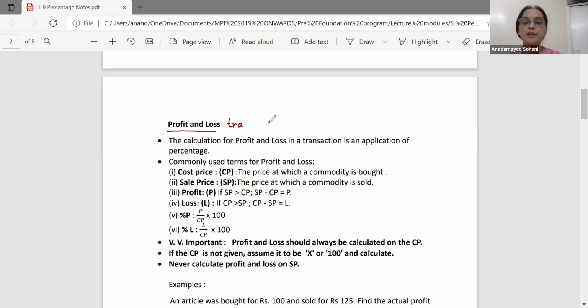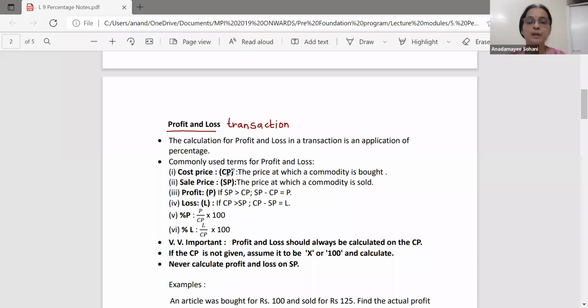We can apply percent in what we call rebate and discount and so many other topics. But here we will take a quick overview of a few simple sums of profit and loss as an application of percentage. Okay. We all know these terms, but let us revise them quickly.